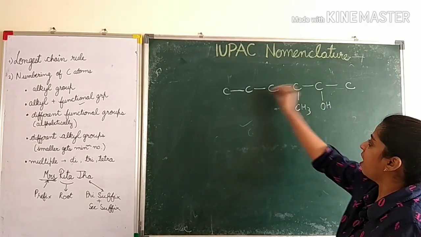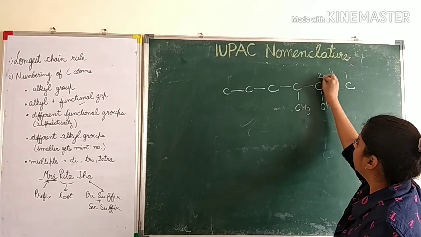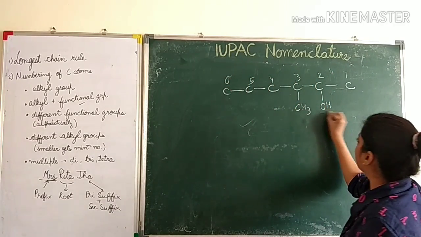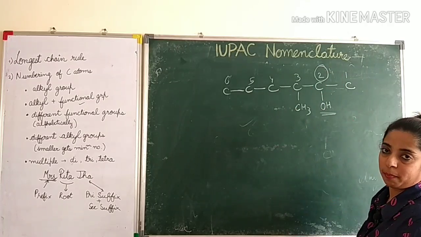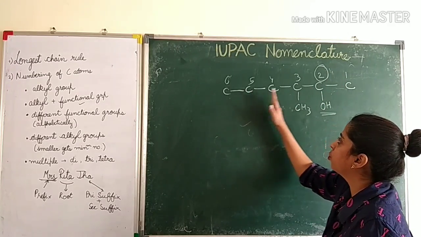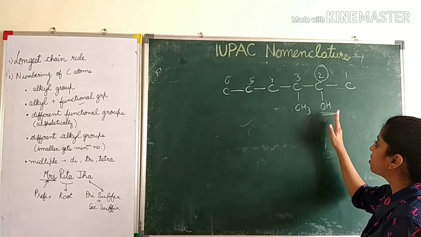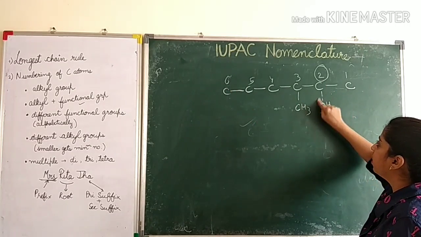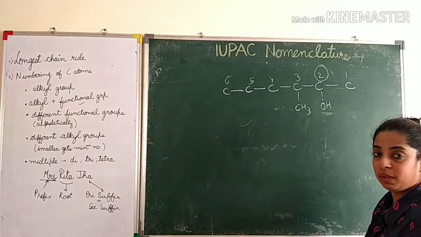Okay, so you will start numbering from that end such that your functional group gets the least possible number, and then you give preference to alkyl. You will not start numbering 1, 2, 3, 4 and 5. Otherwise this will get number 5. So you'll start numbering from the point where your functional group gets the minimum possible number.